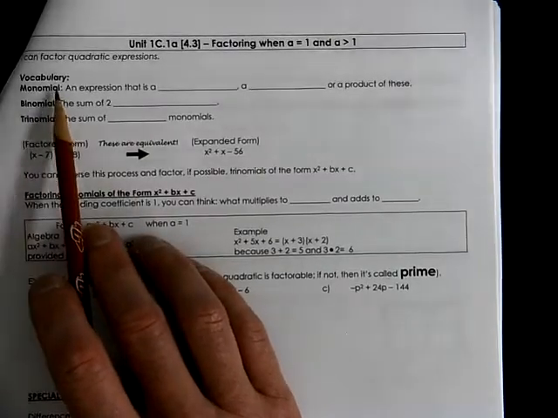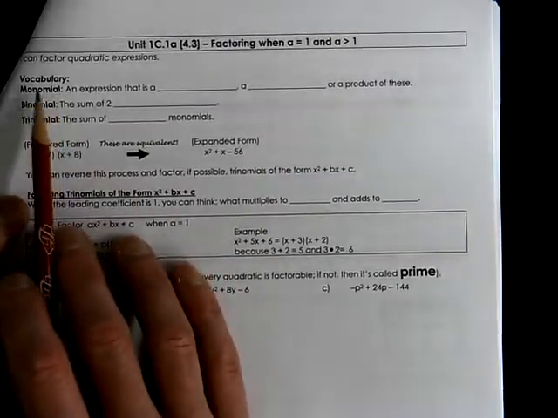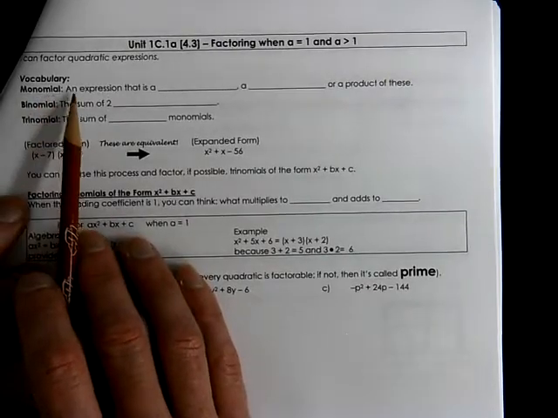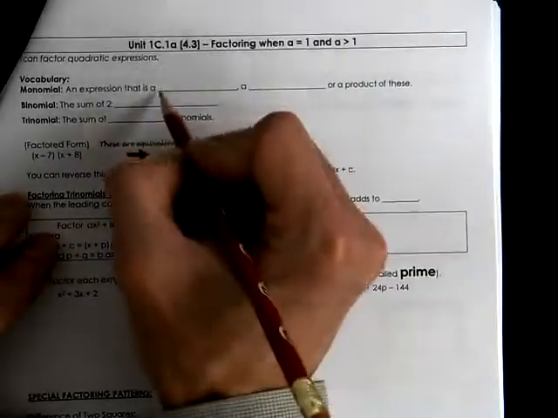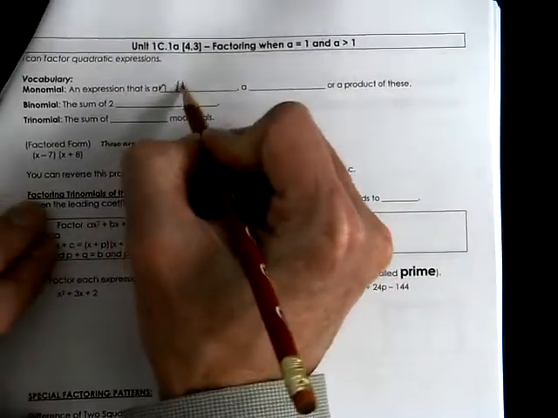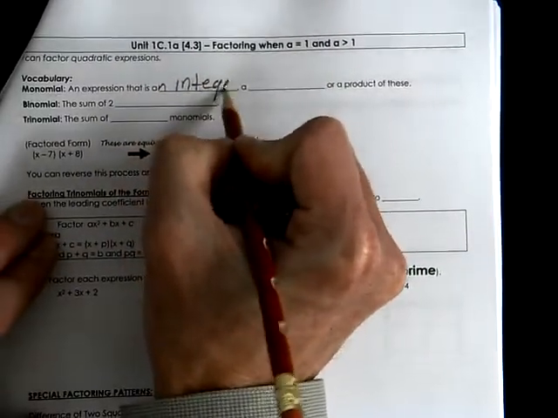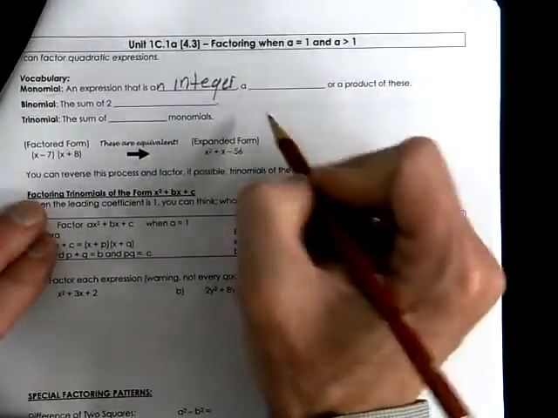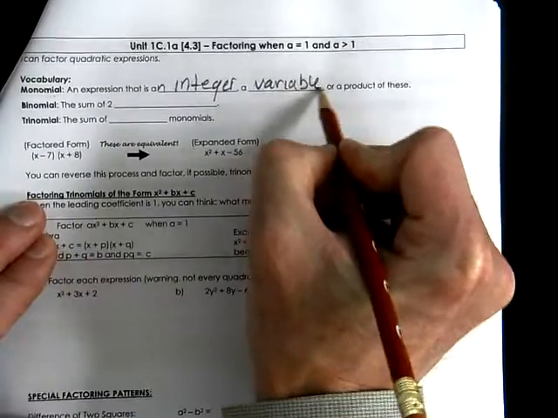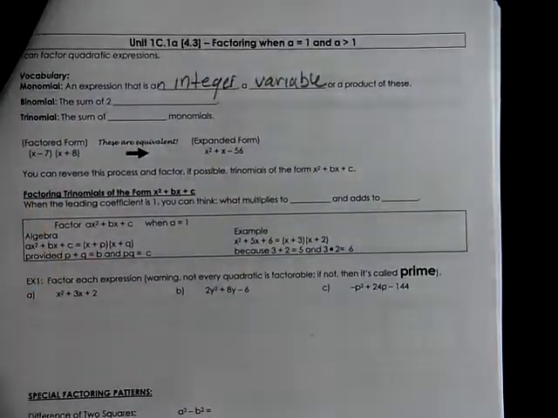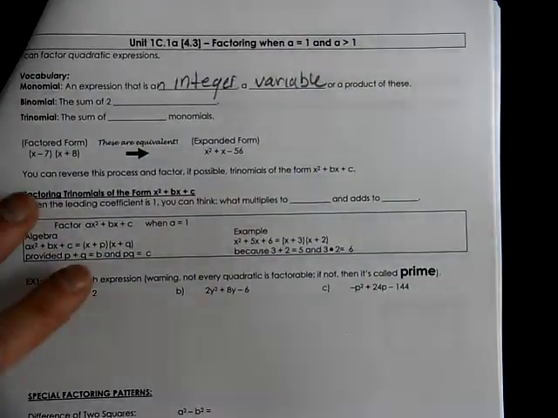First of all, what are these expressions made of? We have a monomial. A monomial is an expression that is an integer, a variable, or a product of an integer and variable.